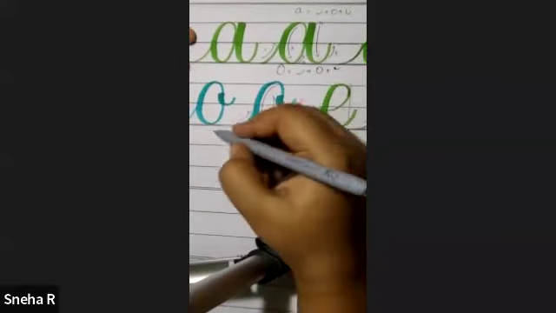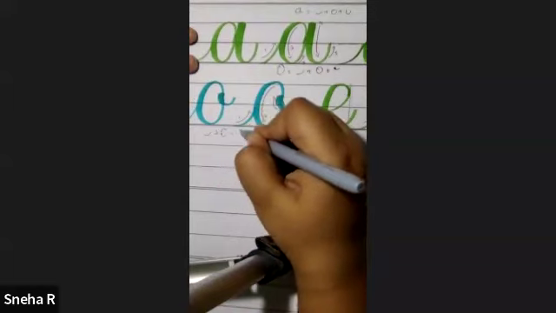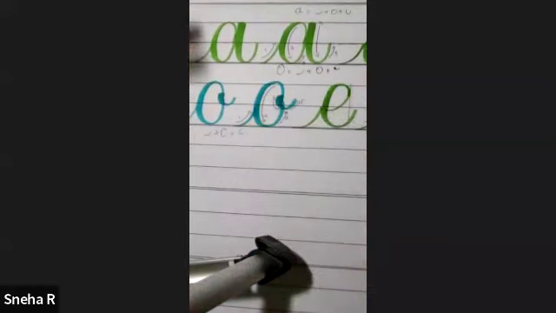Next one is C. I'll tell you how to do the C. Entry stroke plus half oval is equal to C. Try this.